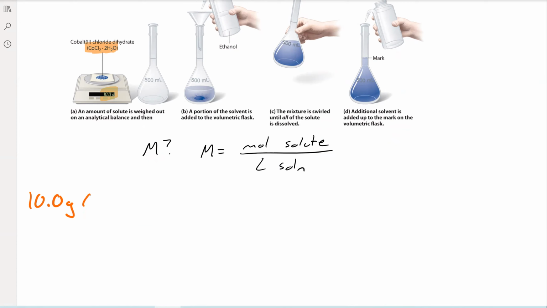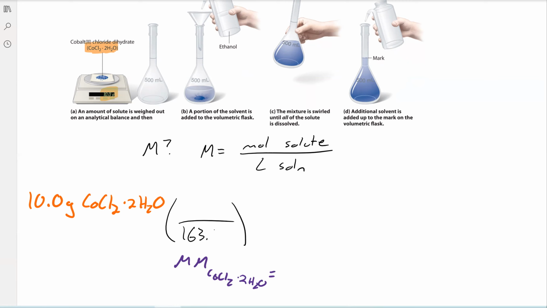So we have 10.0 grams of cobalt chloride dihydrate. We will learn about hydrates in this course. You'll learn about it when you go to Chem 101 and 102, but basically it just means that there's two water molecules attached to it. Anytime we want to go from grams to moles or vice versa, we use the molar mass. So if you find the molar mass of cobalt 2 chloride dihydrate, you'll find out that it is 163.85 grams per mole.